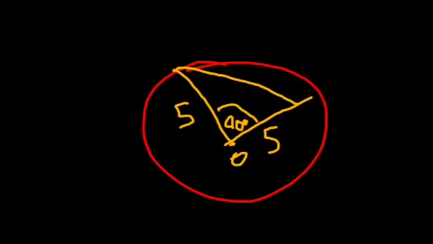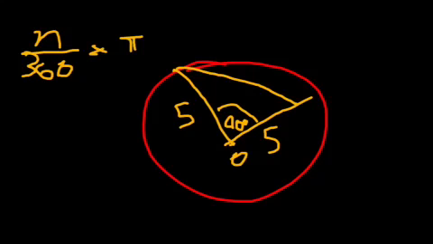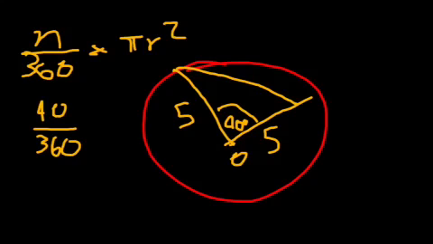The first step, let's find the area of the sector. Area of the sector is given by n over 360, or if you want to do it in radians, you can do that yourself, times pi r squared. We know that n is 40, so it's 40 over 360 times pi times 5 squared.